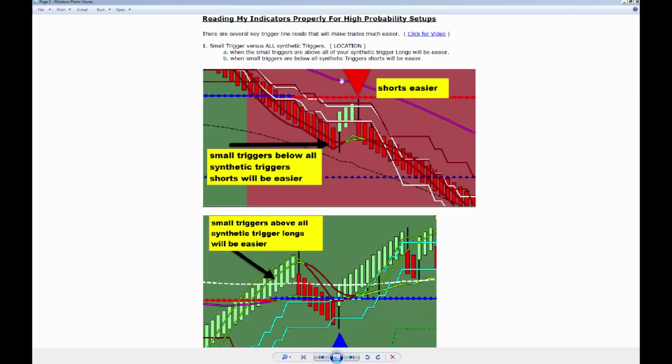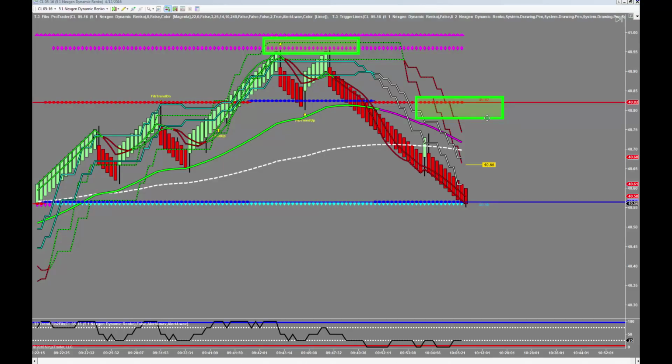If you get this look in the middle, you've got to take advantage of that one too. So the people that recognized the 95 area as their sell area, 95 to 55, that's 40 ticks.